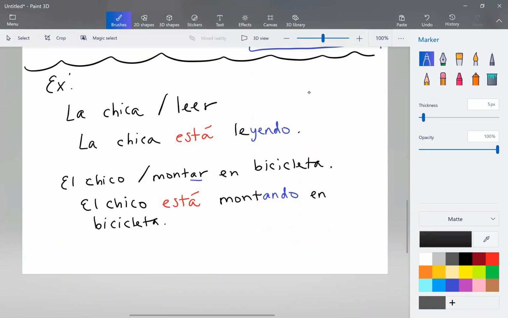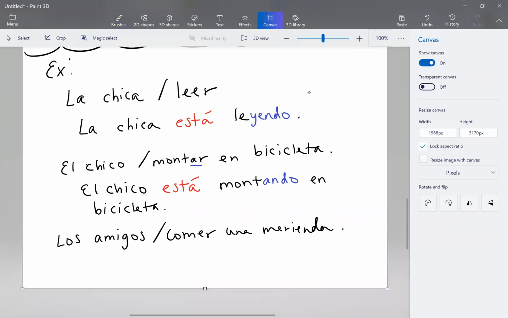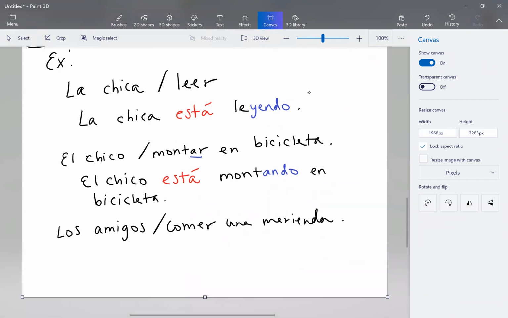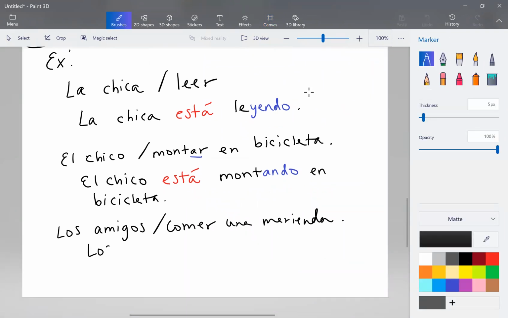How about los amigos are eating a snack? Los amigos are eating a snack. Están.